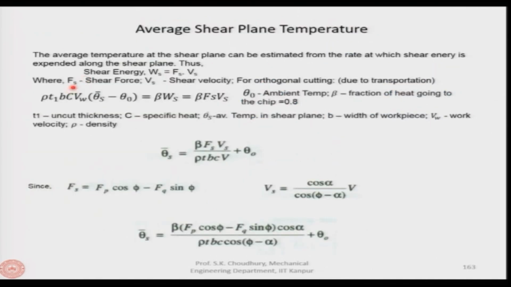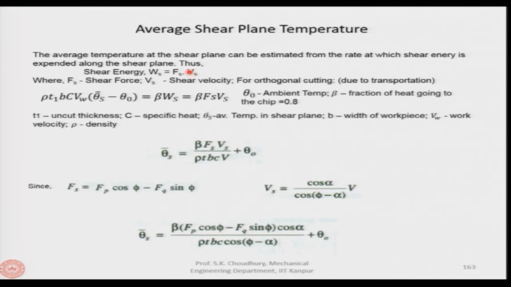So, here the shear energy is equal to Fs into Vs. We found out earlier that the specific energy is equal to the product of the force and the velocity. Same thing here, this is the shear energy. So, the shear energy will be the product of the shear force and the shear velocity.